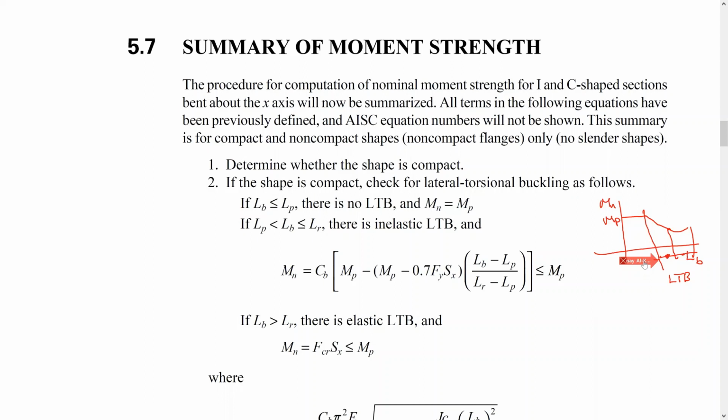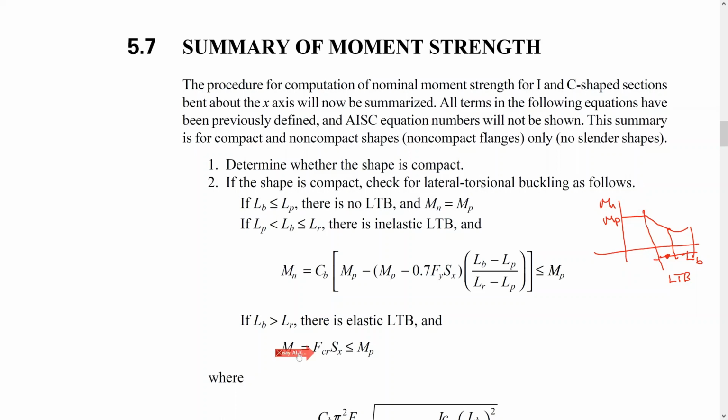The third case, if LB is greater than LR, there is elastic lateral torsional buckling, which is the third range here. So MN is equal to F critical times elastic section modulus, and this all the time should be less than the plastic moment, and we do have the equation to find F critical.